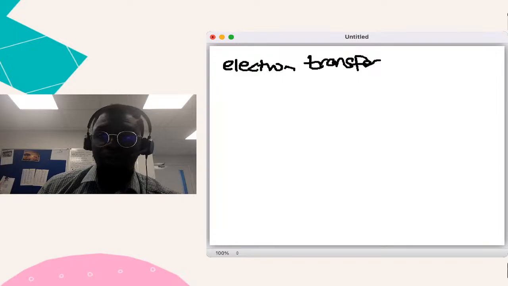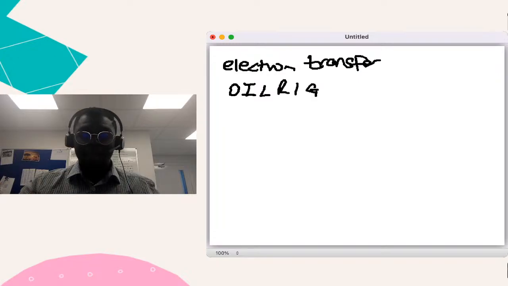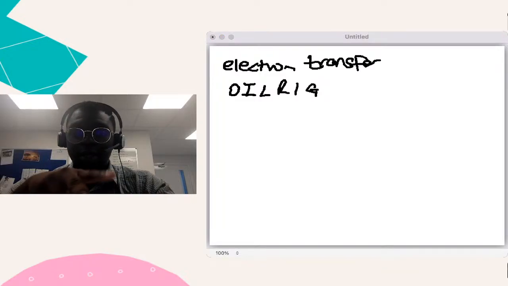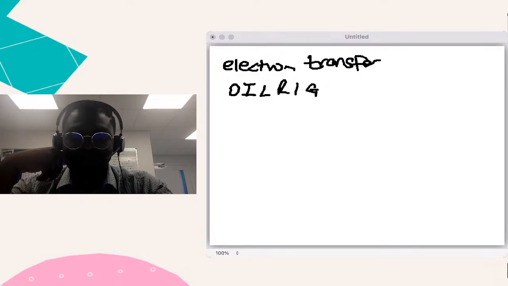And a really, really fun and easy way to remember which is which is using the mnemonic OIL RIG. So OIL RIG stands for oxidation is loss and reduction is gain. And that pertains to the direction of electron transfer when we're thinking about oxidation and reduction respectively.